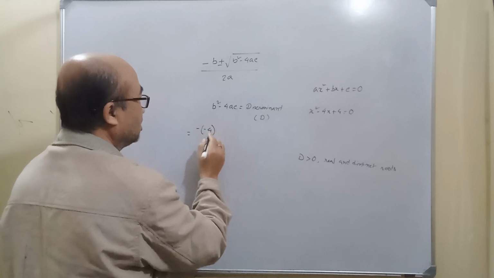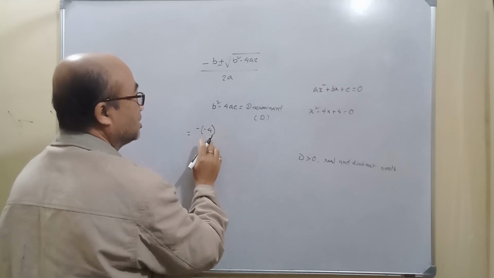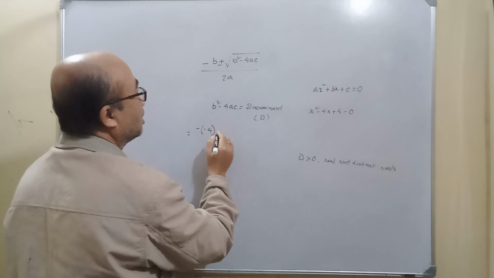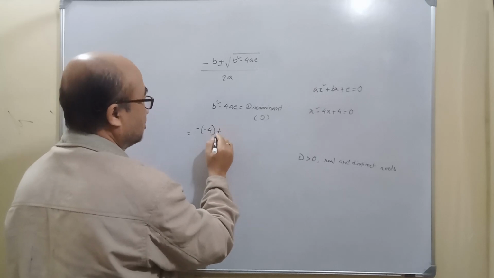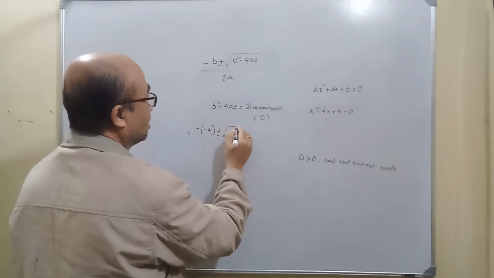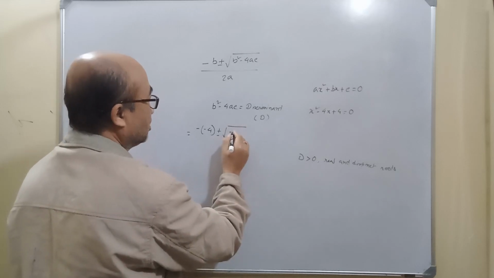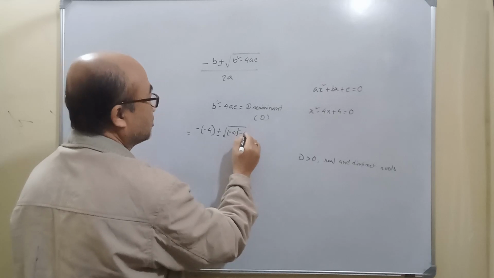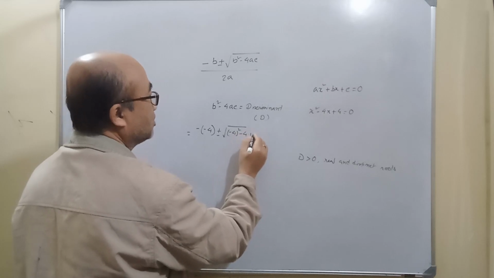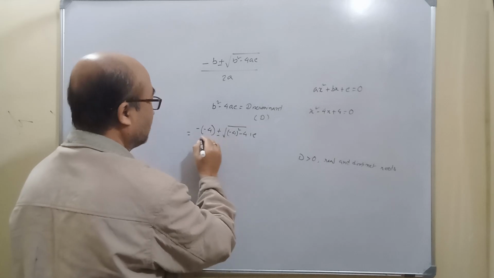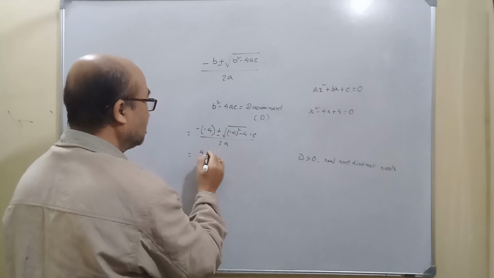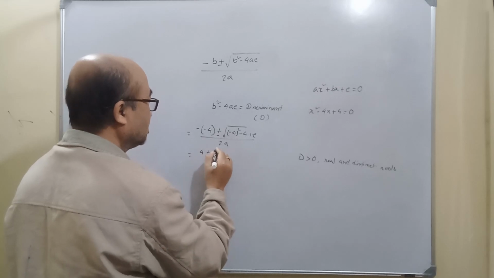Minus into minus, minus minus, minus b, plus minus the square root of b square minus 4ac, which is 4 into 1 into c, divided by 2a.